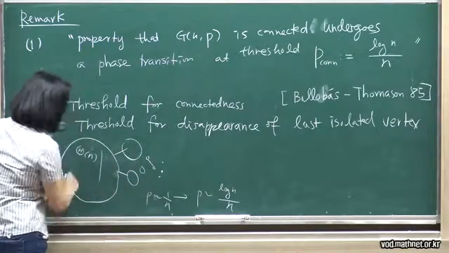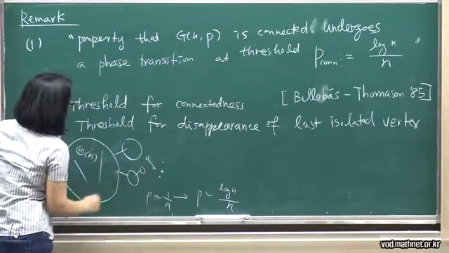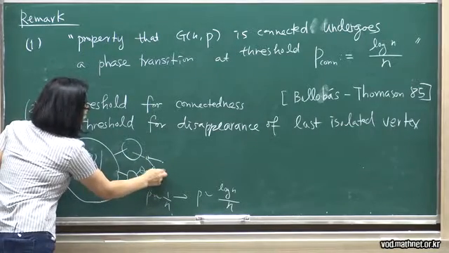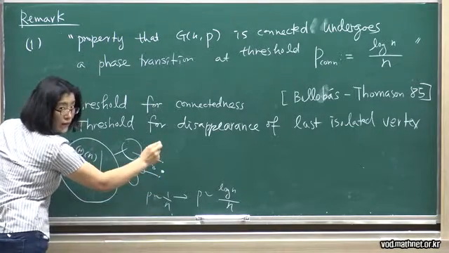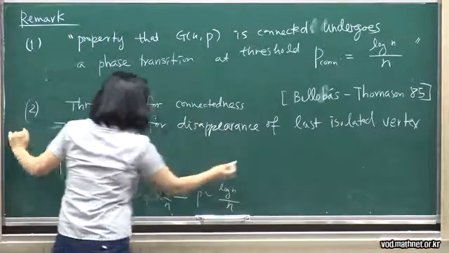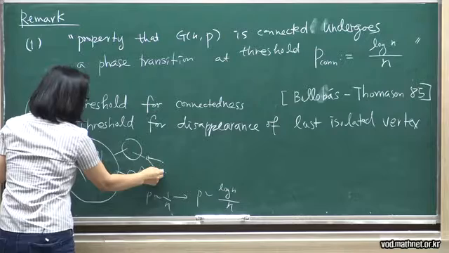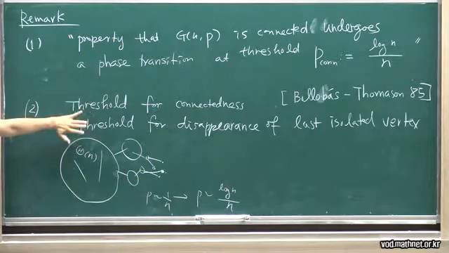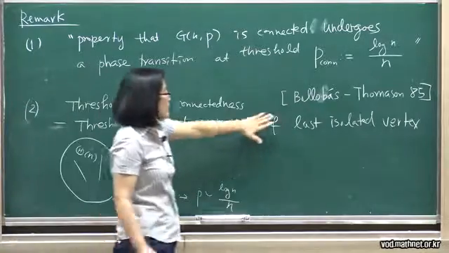Of course, sometimes edges get added inside, and in the end, there will be only a Poisson number of isolated vertices, and when this last isolated vertex becomes connected to the rest of the world, the graph becomes connected. This is the so-called hitting time result, a beautiful result by Bollobás and Thomason.